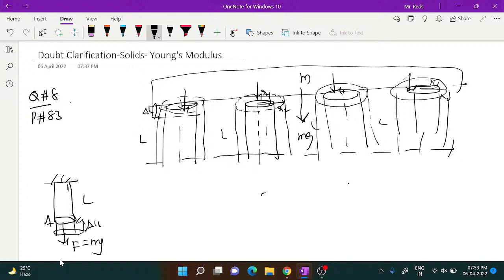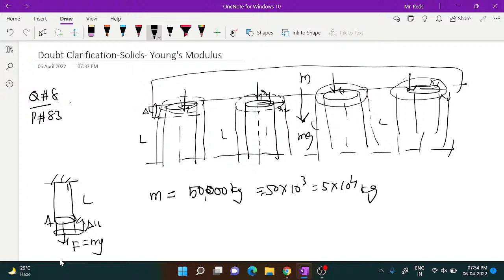Now the question is, let us note down the data point by point. Four identical hollow cylindrical columns of steel support a big structure of mass m equal to 50,000 kg, means 50 into 10 to the power 3, or you can say 5 into 10 to the power 4 kg.